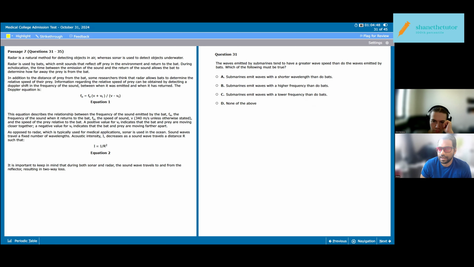So what's a more fundamental equation? V equals f lambda. Good. Or V equals hc over lambda, or V equals hf.